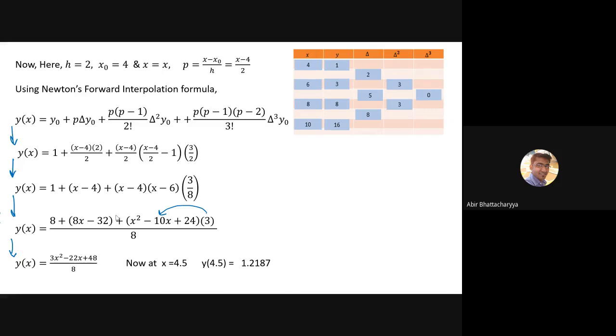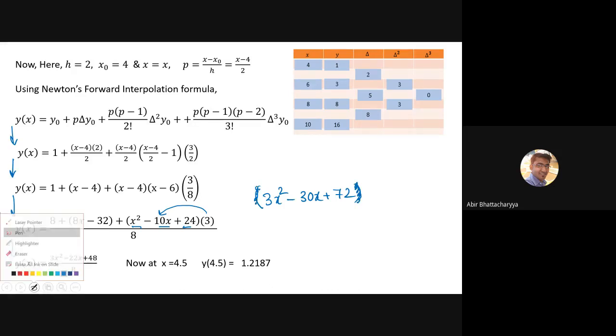Clear, Kusant? So you multiply 3 with all the brackets: x squared minus 10x plus 24. I multiply 3 with it, and it becomes 3x squared minus 30x plus 72, right? Everything else was the same.